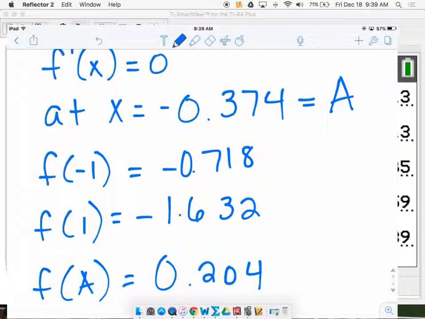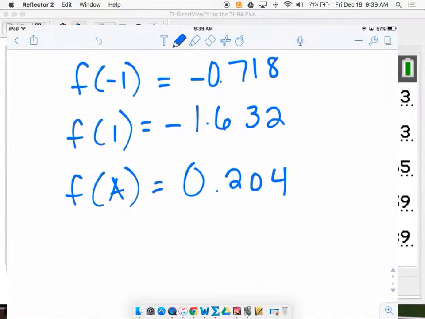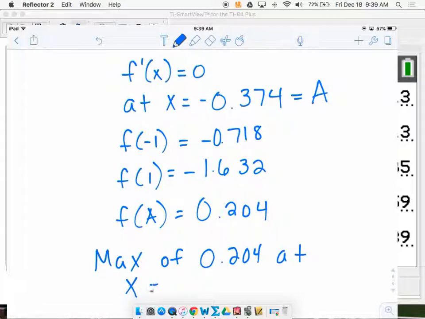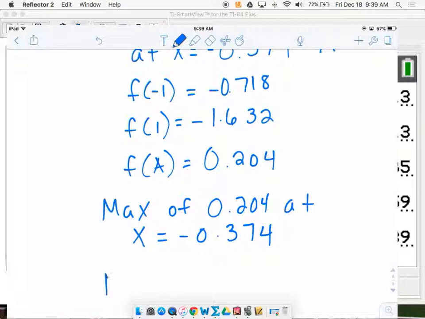So based off of that, you have an absolute max of 0.204 at x equals A, which is negative 0.374, and then you have a min of negative 1.632 at x equals 1.